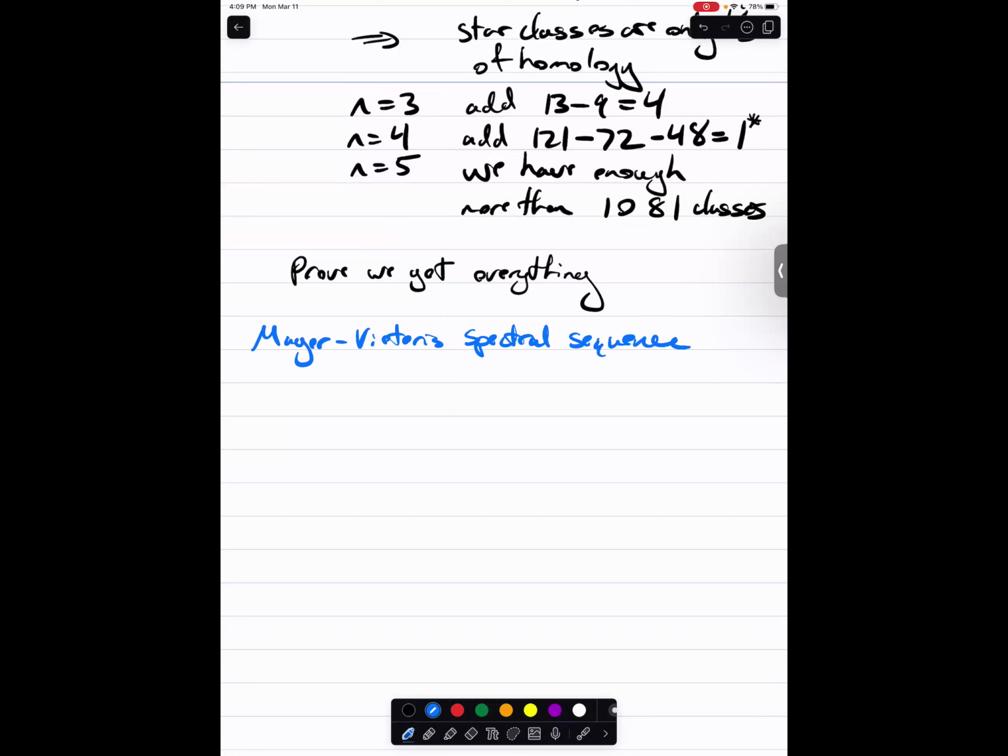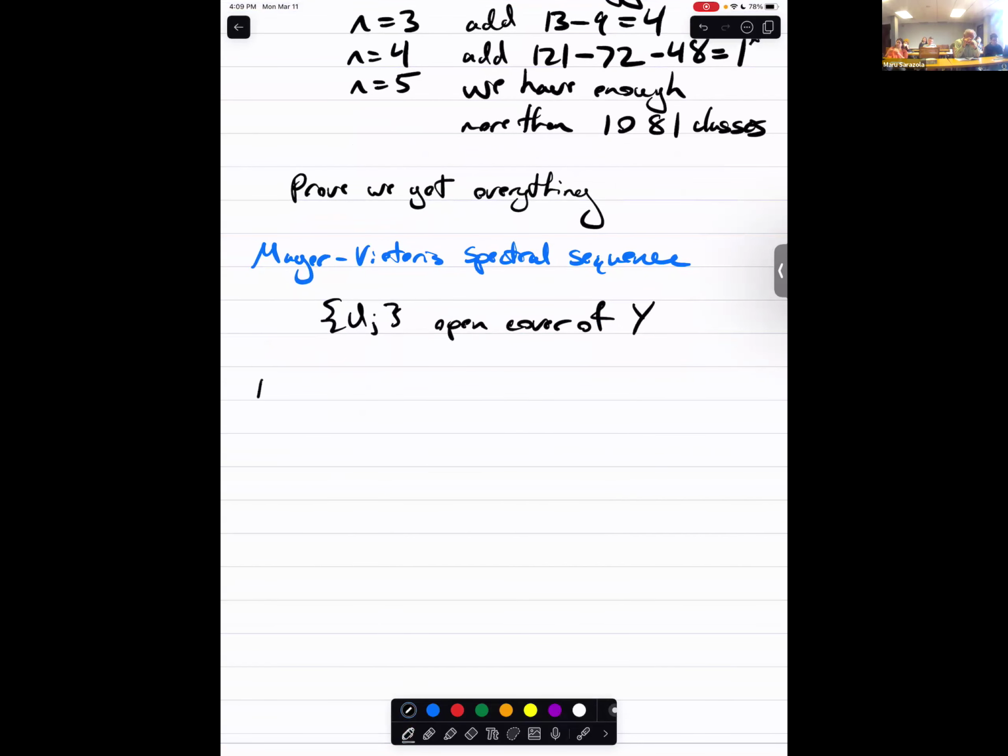If U sub i is some open cover of Y, then the first page of the spectral sequence, the p,q entry, is going to be a direct sum over all possible p plus 1 tuples of these open sets U sub i, and we take the qth homology of the intersection of these p plus 1 tuples U sub i.